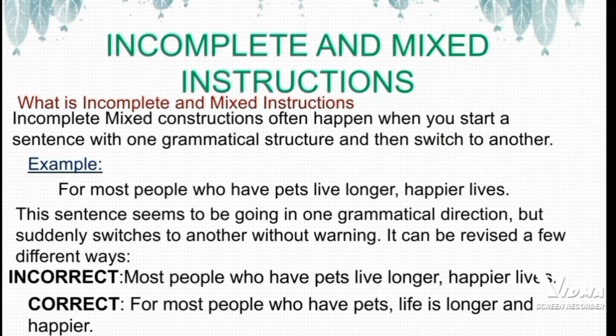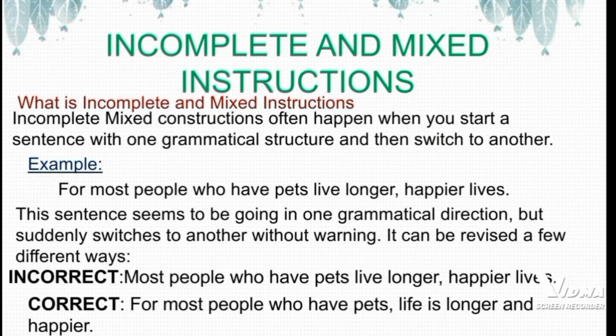This sentence seems to be going in one grammatical direction, for most people who have pets, but suddenly switches to another without warning, live longer, happier lives. Is that right? No. It can be revised in different ways. The incorrect one is, for most people who have pets live longer, happier lives. It should be, for most people who have pets, life is longer and happier.